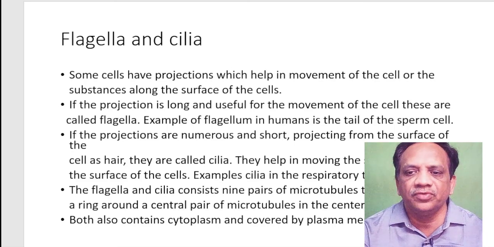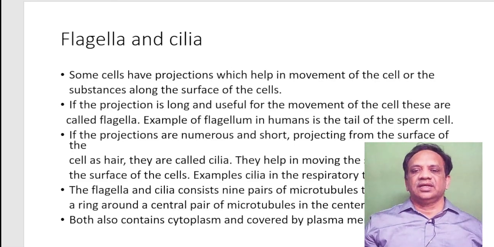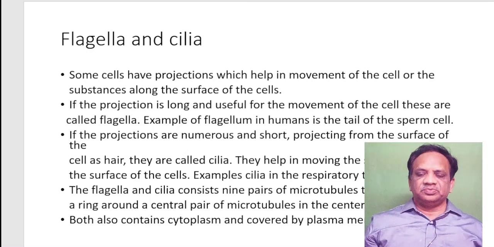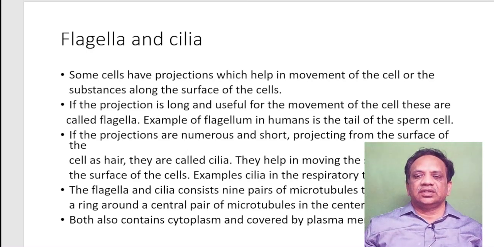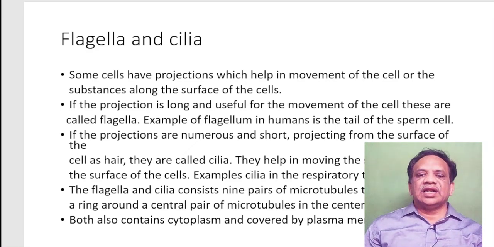They help in moving substances along the surface of the cell. For example, the cilia in the respiratory tract drive the dust particles etc. outwards. The flagella and cilia consist of 9 pairs of microtubules that form a ring around a central pair of microtubules in the center. Both also contain cytoplasm and are covered by the plasma membrane.